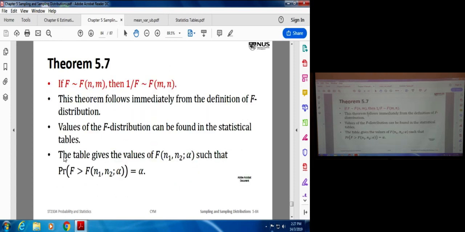And we can find values of the F distribution, that is to say probabilities, from the tables. Let me just interpret what this statement means with a bit of a graph. Remember that the F distribution is a random variable which is non-negative precisely because of the definition, right? U and V are non-negative random variables.